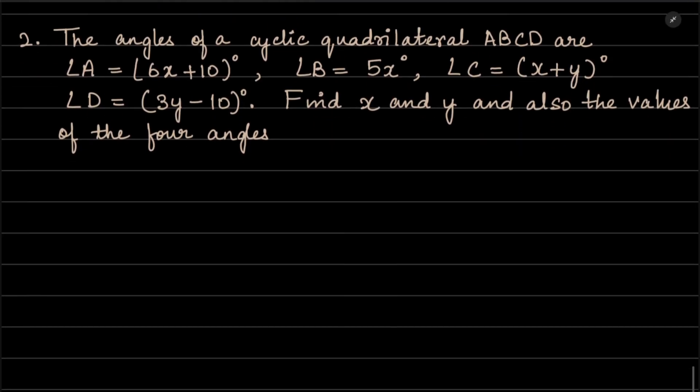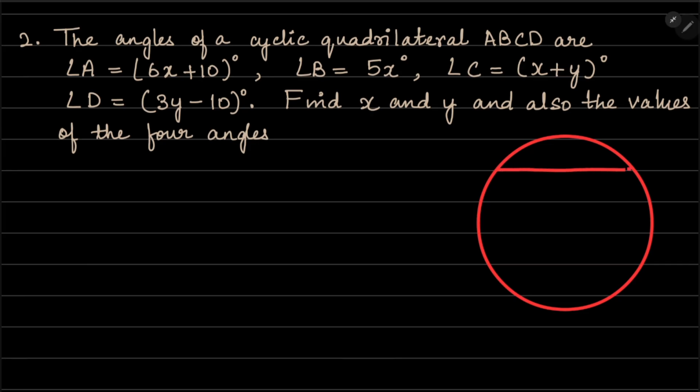So this is a word problem related to geometry. What is given here? The angles of a cyclic quadrilateral ABCD are given. You have to find x and y and also the values of the 4 angles. First of all, let me draw a cyclic quadrilateral, a quadrilateral enclosed within a circle.